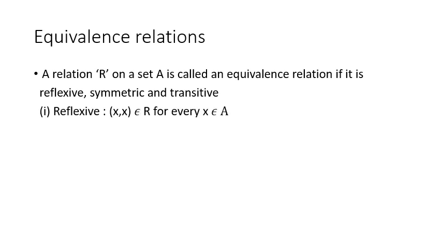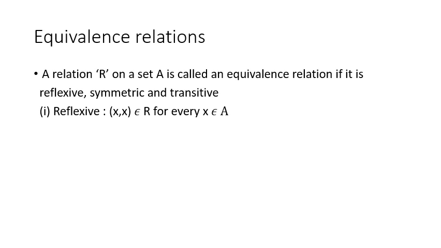Reflexive means ordered pair (x, x) is an element of capital R for every x element of the given set A. Or we can also write x R x, that is, x related to x itself. So that is reflexive.